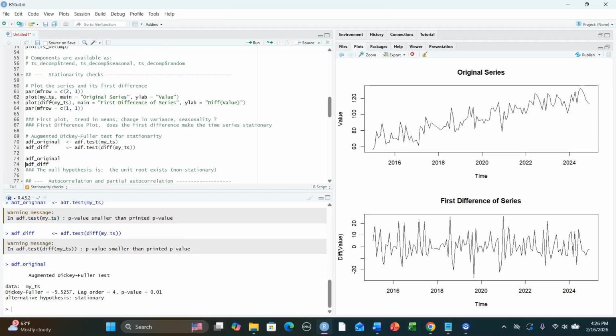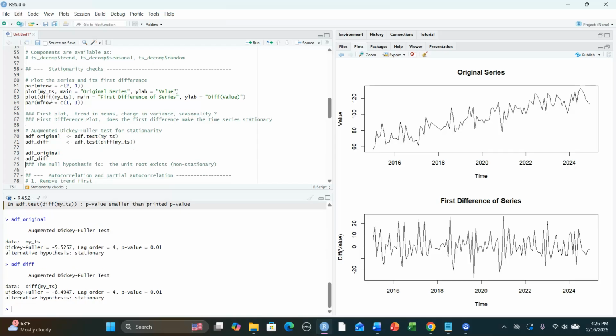Then you can print it out, and you can see for the original, you got a p-value of 0.01, so it's very small. It tells a lag order equal to 4. Basically, this tells you to reject the null hypothesis, which is that a unit root exists.